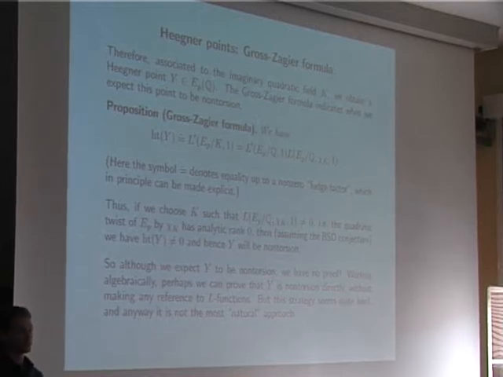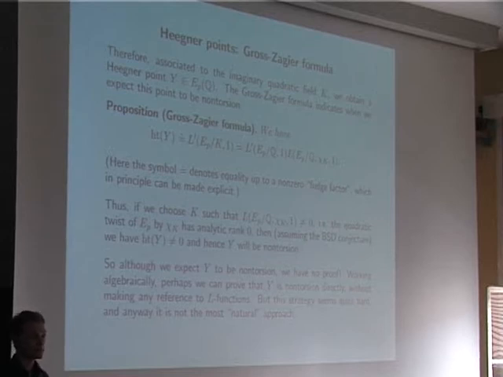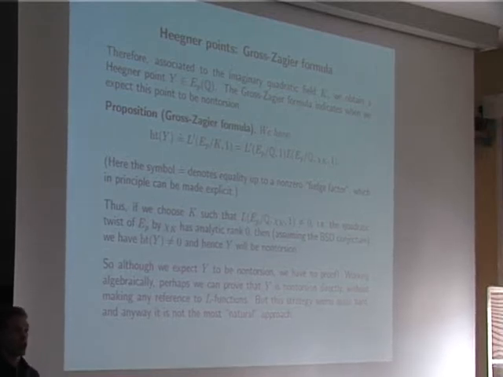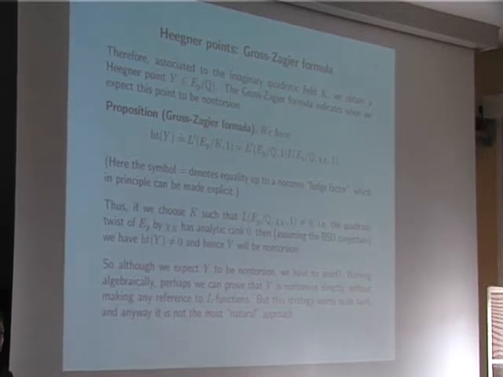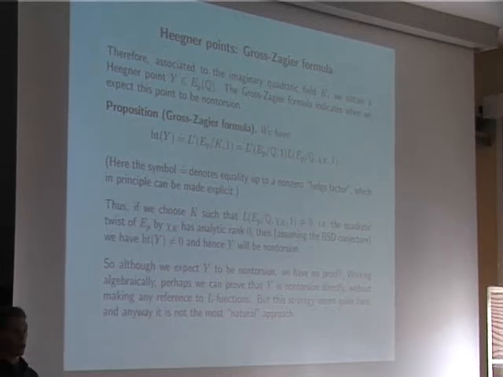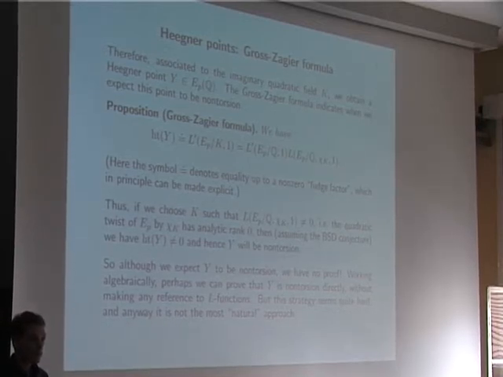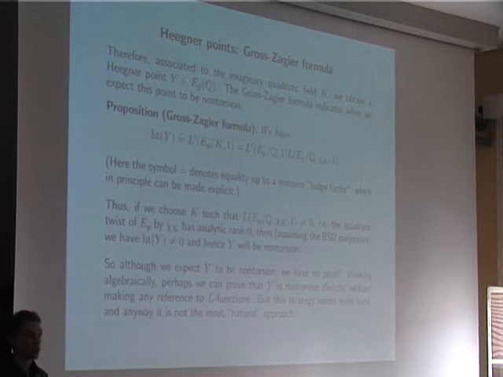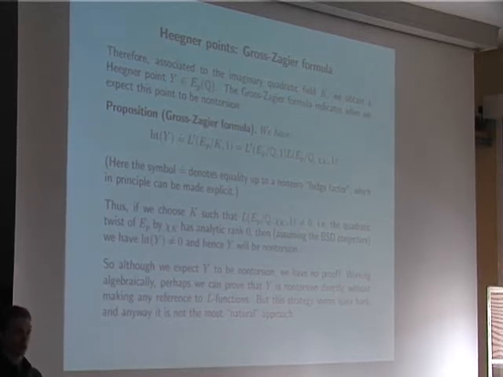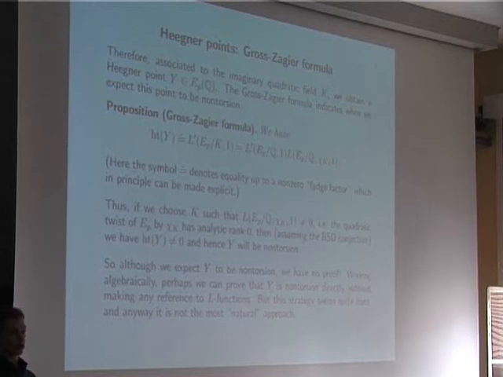Yes? That's over Q. Over Q, the torsion is trivial, and over K? I'm sorry? Oh, yes, the torsion is trivial, but it's possible that there's a non-torsion point. So either the point is torsion or not torsion, and we want to show that it's not torsion.